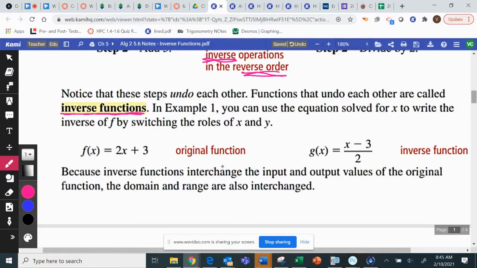So what they did was they took these two equations, they made one of them f of x equals 2x plus 3, and then they made the other one subtract 3, then divide by 2. They made that into a function, g of x. You see how whatever number I put here, I subtract 3, then I divide by 2. So it's the inverse operation. It's going to be called an inverse function.